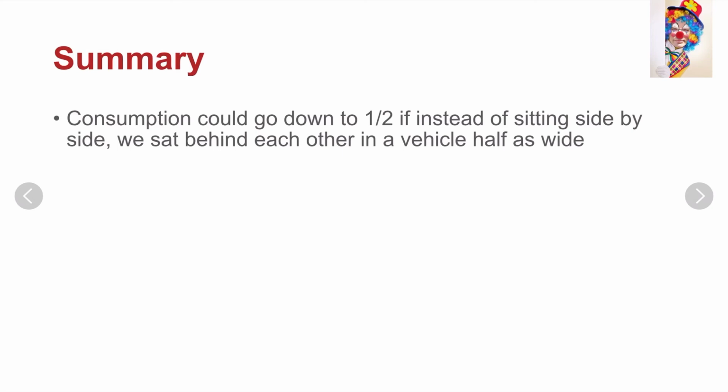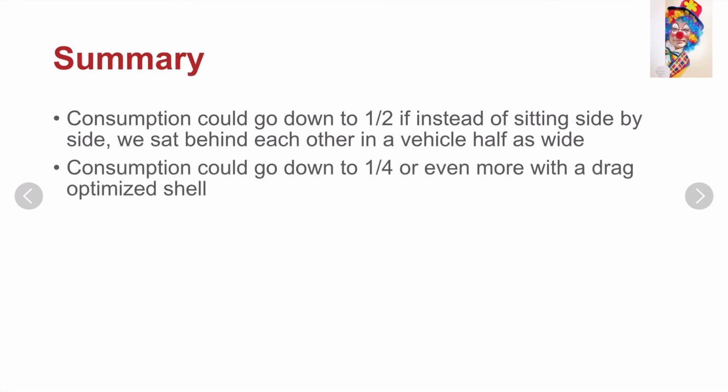What can be summarized here? The consumption could go down to 1/2 if you would not sit side by side, if you would sit back to back. This is one important aspect. And the consumption could go down to 1/4 or even more with a drag optimized shell.